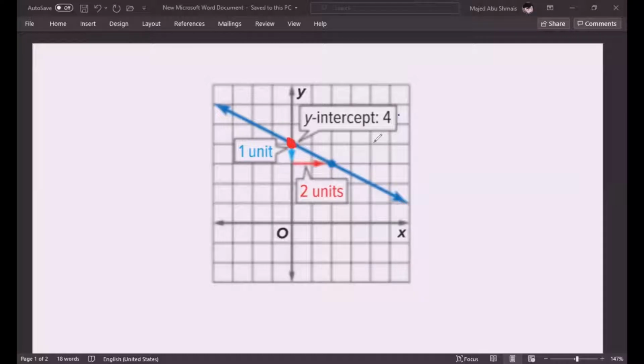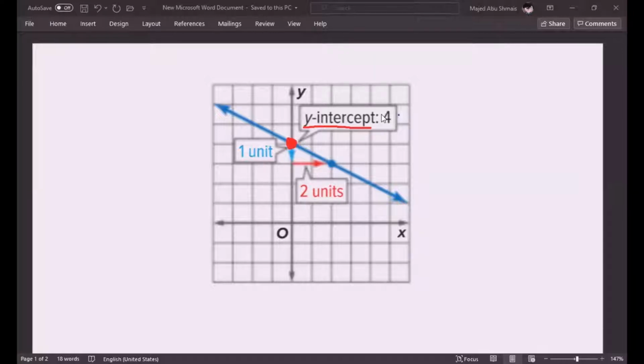This is the intersection between the y-axis and the line. So what do we call this point here? We call it the y-intercept. The y-intercept.